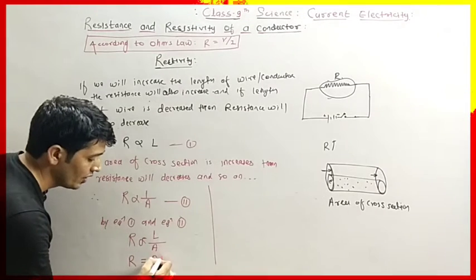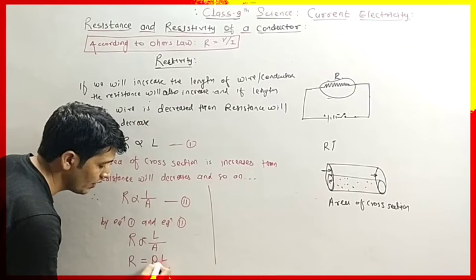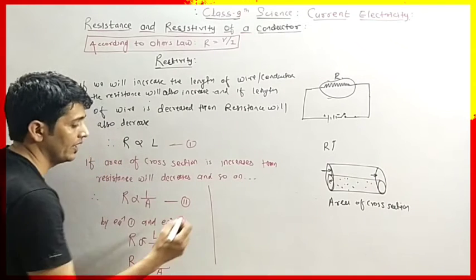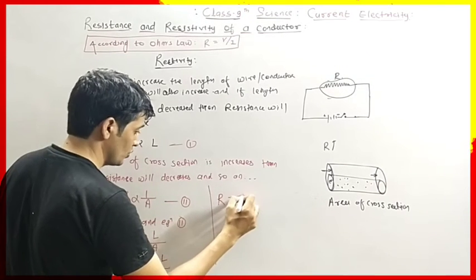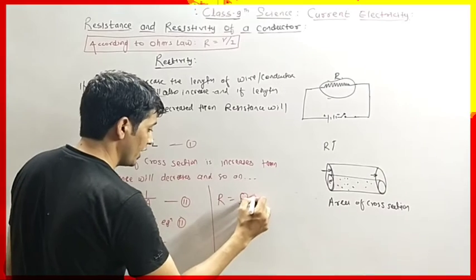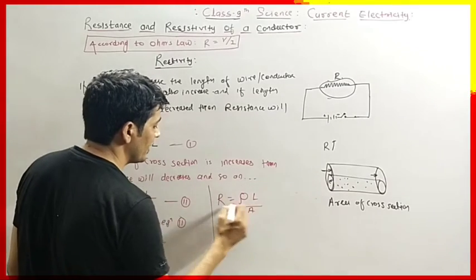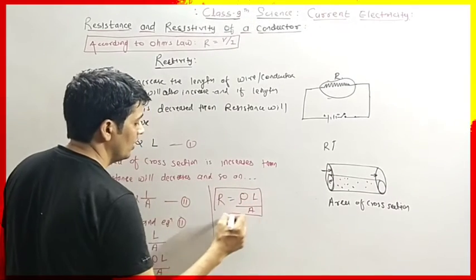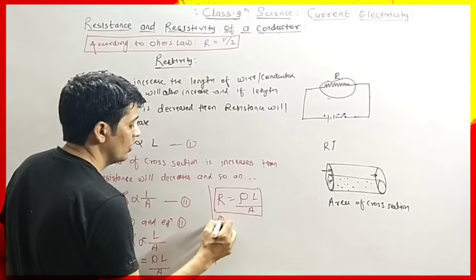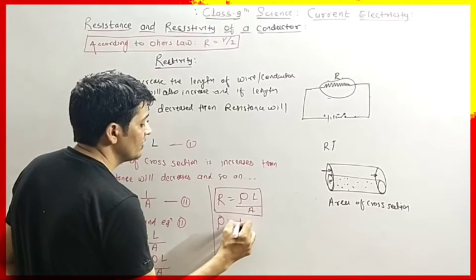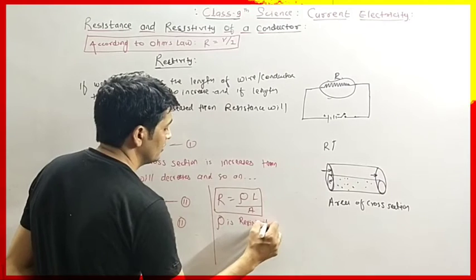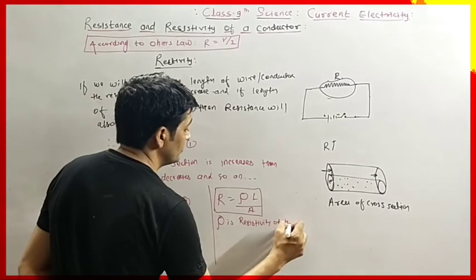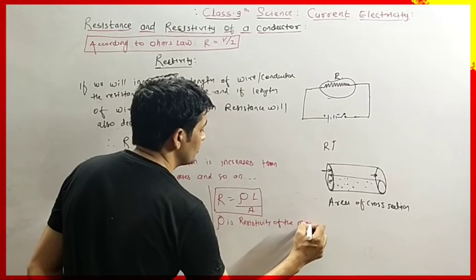So R equals rho into L divided by A. This is our formula, where rho is the resistivity of the material used.